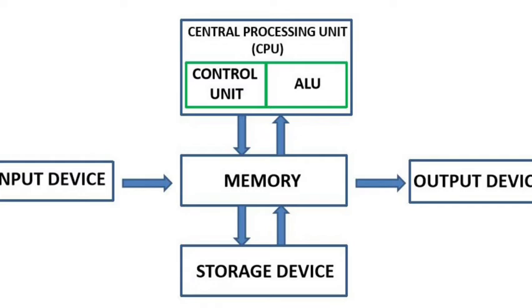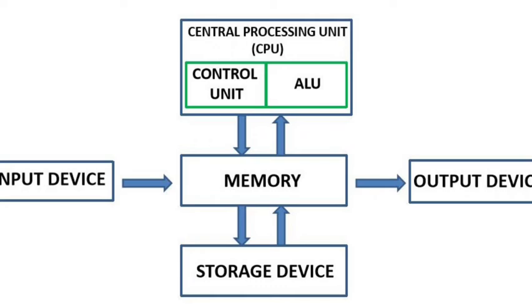And when it stores it in memory, a message is sent to the CPU. Now remember, the CPU comprises three components, which are the arithmetic logic unit, the control unit, and the memory. Now when it goes there, it determines whether it is an arithmetic function or a logical function.